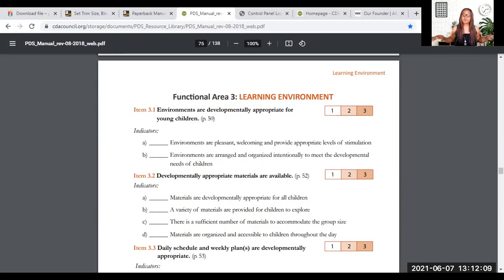Because that's what your PDS is going to be looking for. Your equipment, your shelves should be labeled. If things weren't in pandemic style, we still should be able to see labels where things would go. So that's what this actually is talking about. Also, with the learning environment, make sure that things are labeled as far as the children's names.